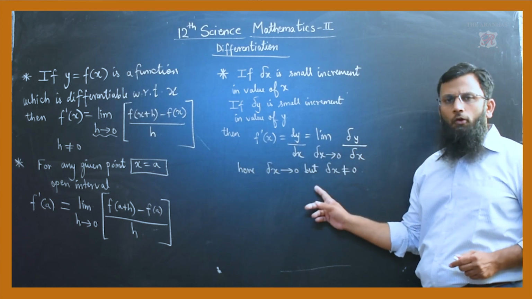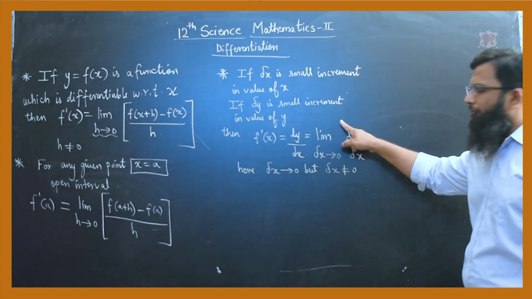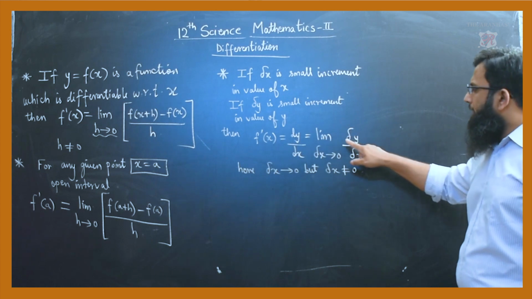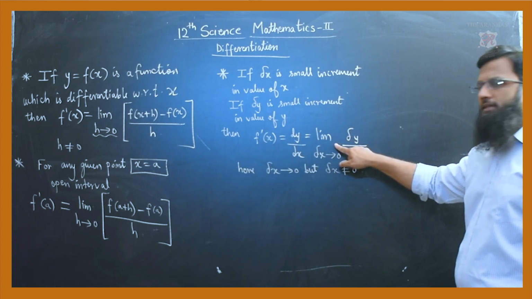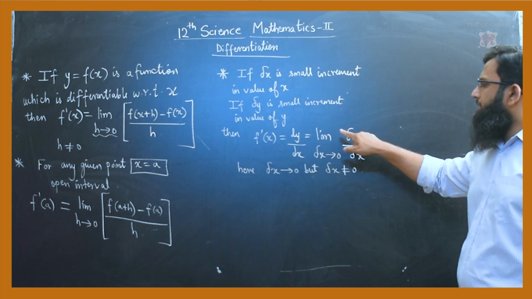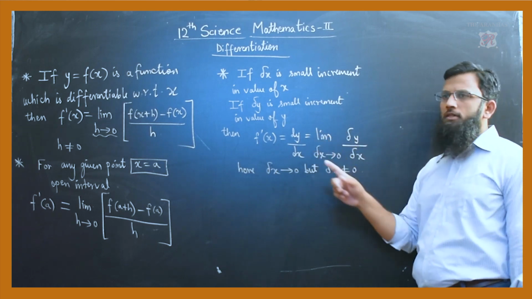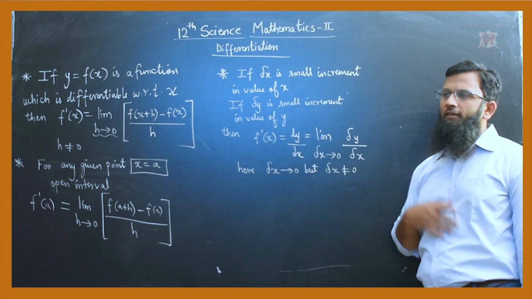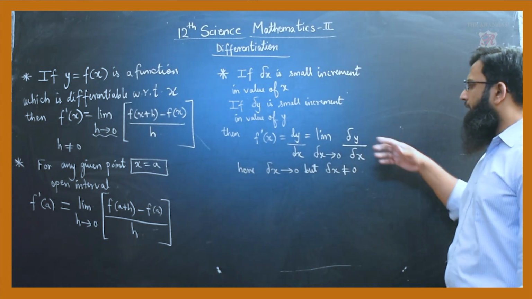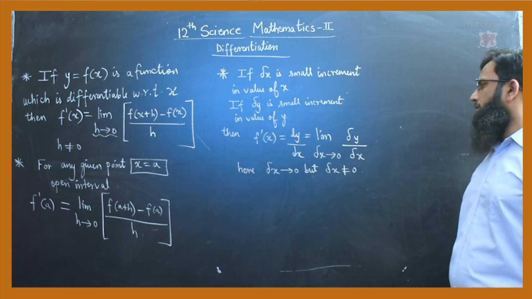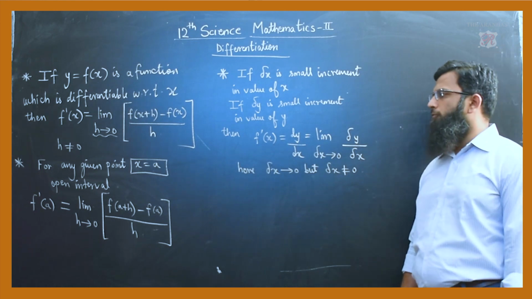Students, you might have also come across this kind of definition in the chapter Measurements in the 11th Science Physics first chapter. There you might have come across something called relative error or absolute error, where we used the delta y and delta x terms for the first time.